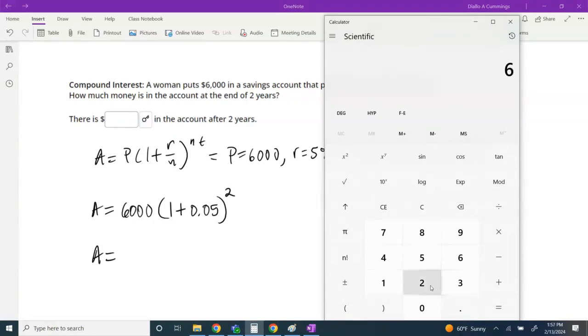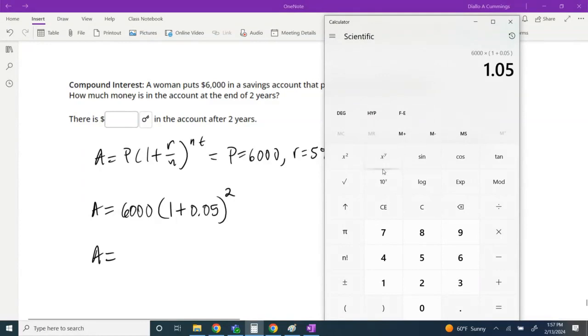So we have 6,000 times, and I'm going to use a set of parentheses to begin, parentheses, 1 plus 0.05. I'm going to close off the innermost parenthesis, and then I'm going to raise that to the second power.